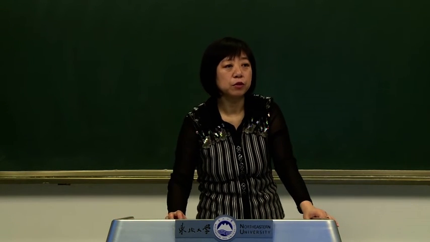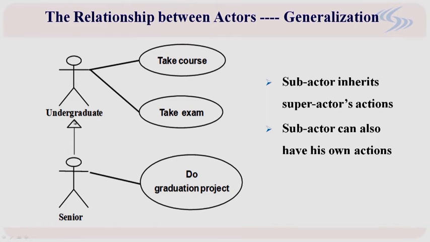So you'll find that this hollow triangle is used to indicate the relationship between these two actors. Actually, undergraduate is called super actor, and the senior is called sub actor in this case. Their relationship is called generalization.